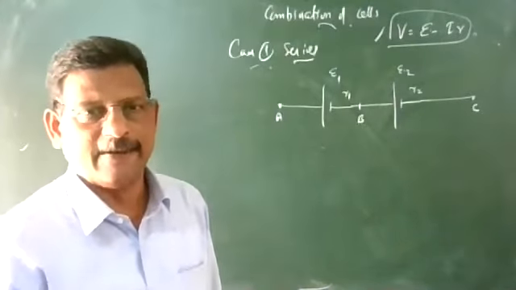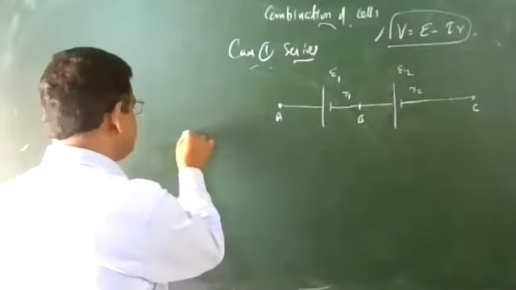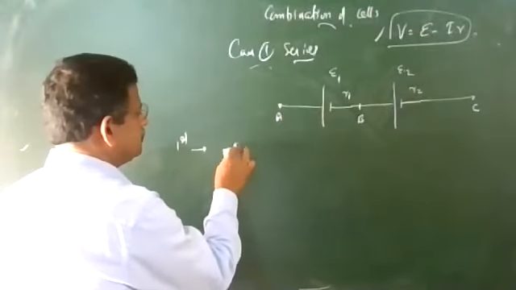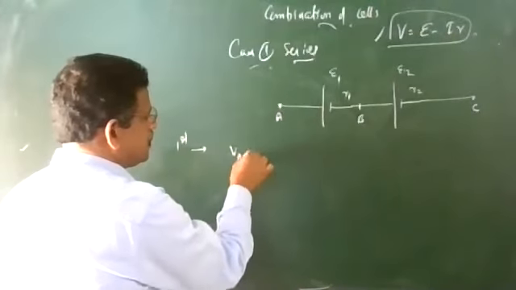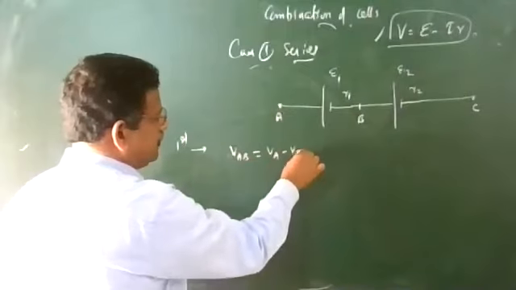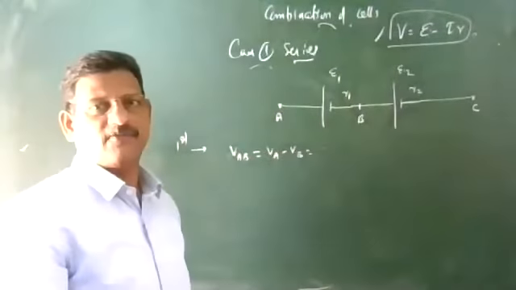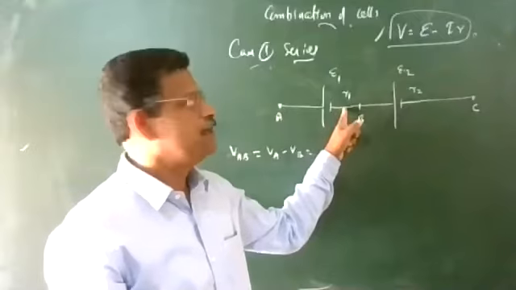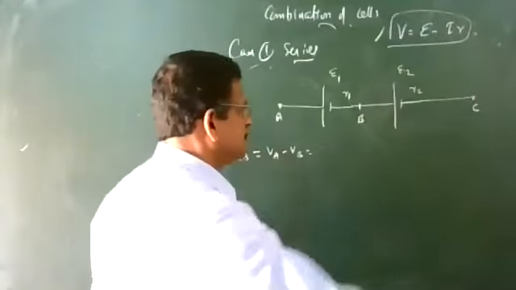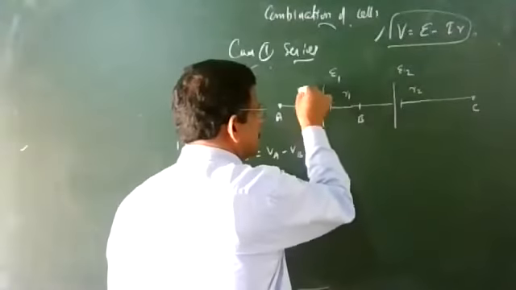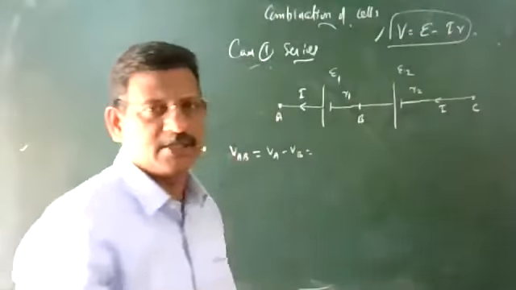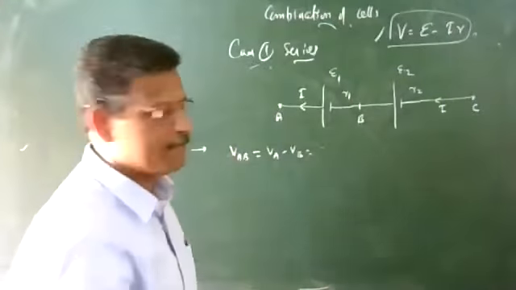So first cell E1. The PD between the points A and B, I am writing VA minus VB, is equal to the first cell's terminal potential difference between these two points. Suppose the current is coming from the positive terminal. It is a series connection, so the same current flows.